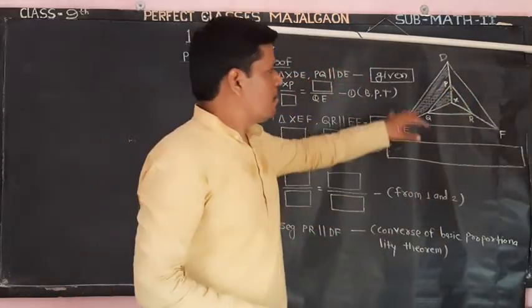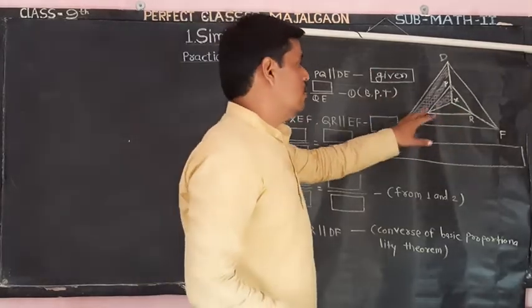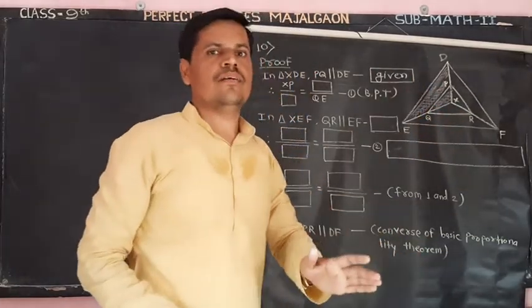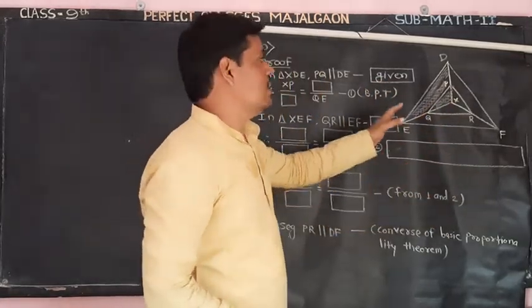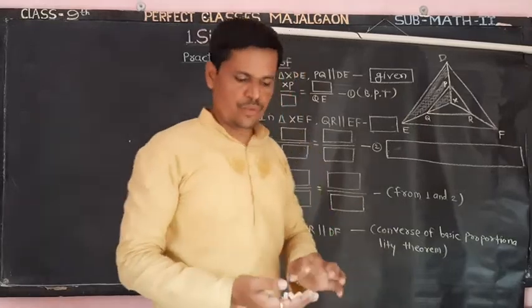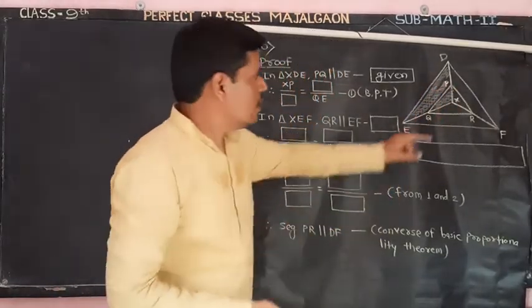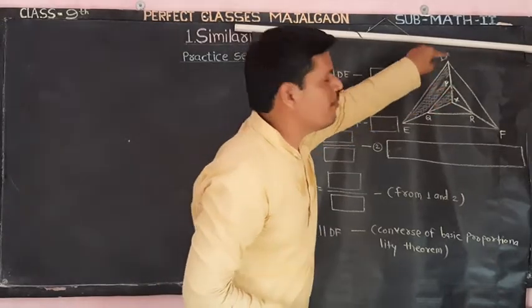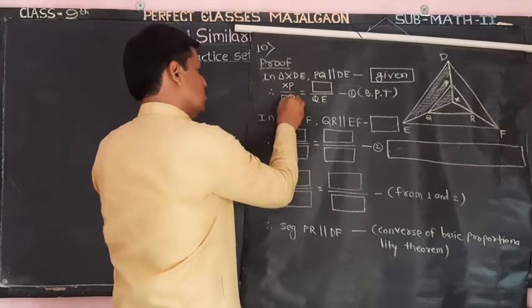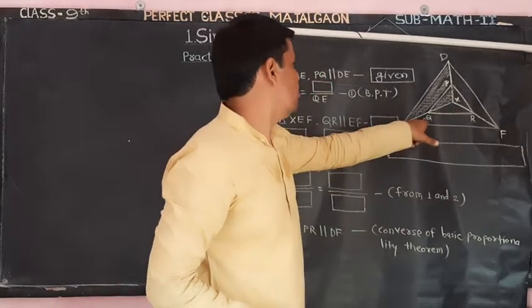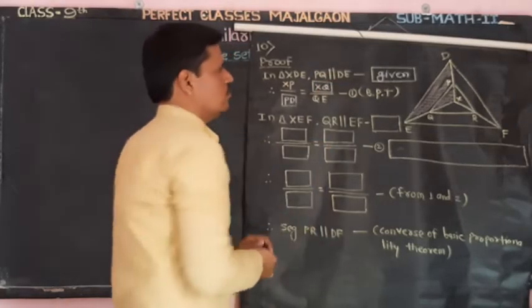In this triangle, these two are parallel. If a line is parallel to a side of a triangle, then it divides the remaining sides in the same ratio. Therefore, here we write XP upon PD, here I write PD, and XQ upon QE, here I write XQ.